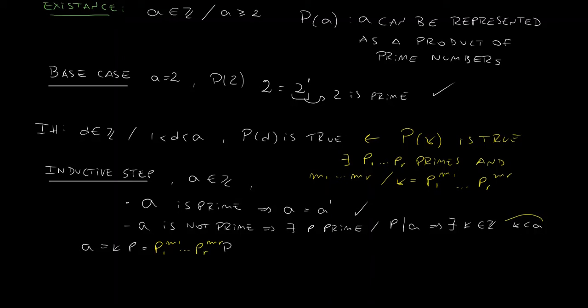So we were able to write a as a product of prime numbers. Then P of a is true. And we were able to prove existence.